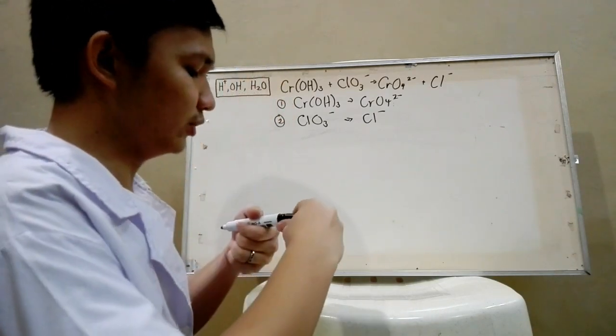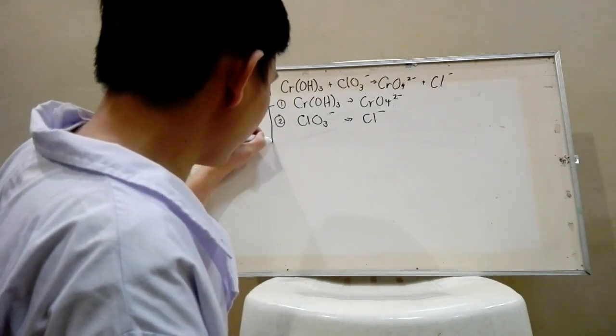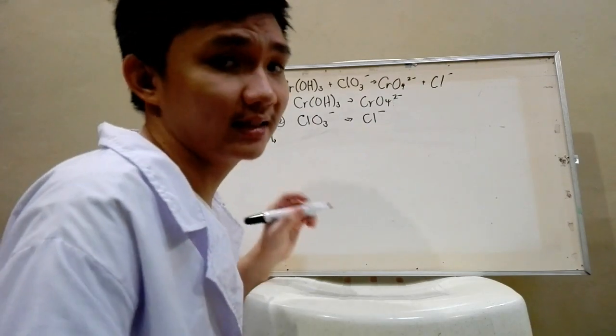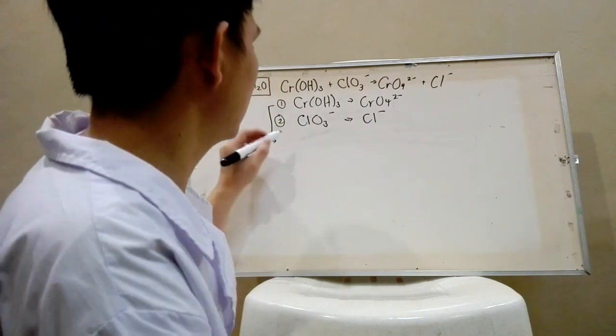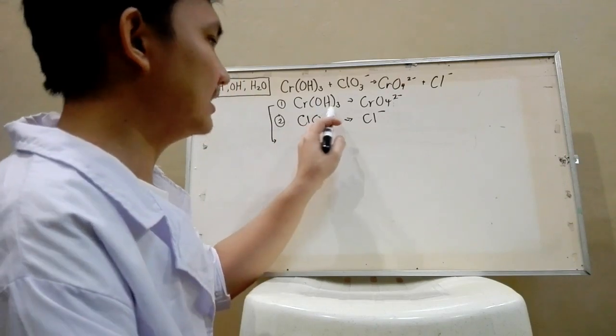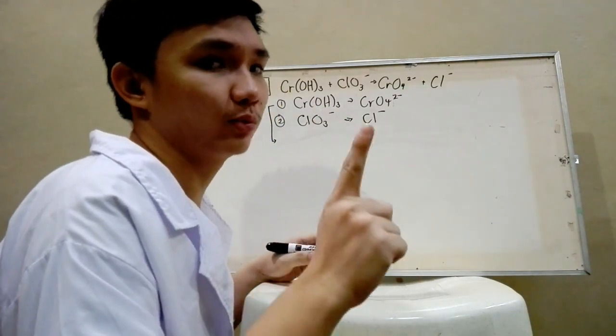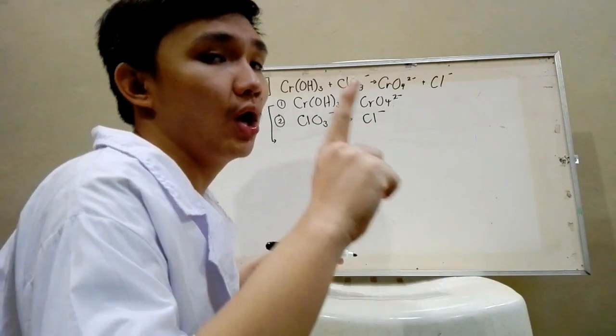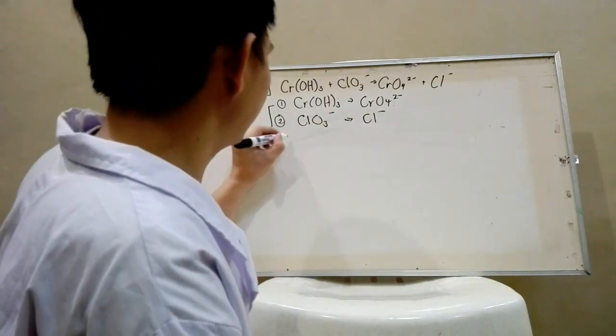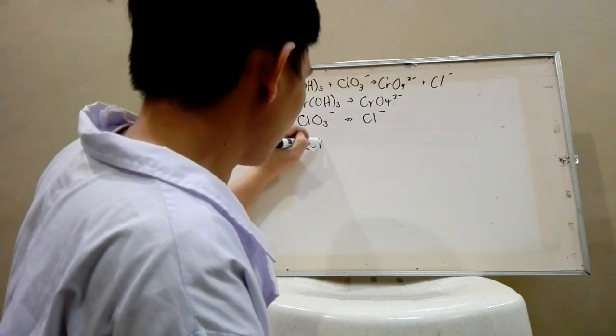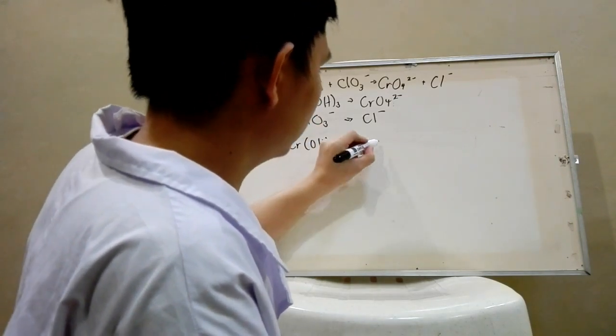So we move to the next step, which is to balance the oxygen. Oxygen first. So in this reactant side, oxygen is lacking one oxygen atom, so we have to put H2O on the reactant side. So this will turn to plus H2O.